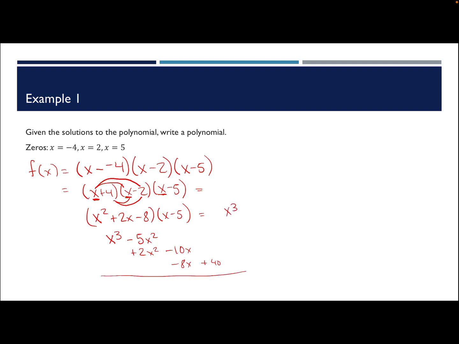So if you simplify that, you would get x cubed minus 3x squared minus 18x plus 40. So you don't have to actually multiply that out. You can stop right here, but I'm just showing you that at the end, we do get a third degree polynomial.